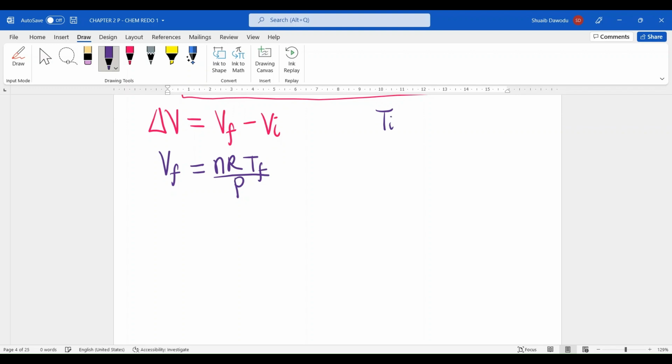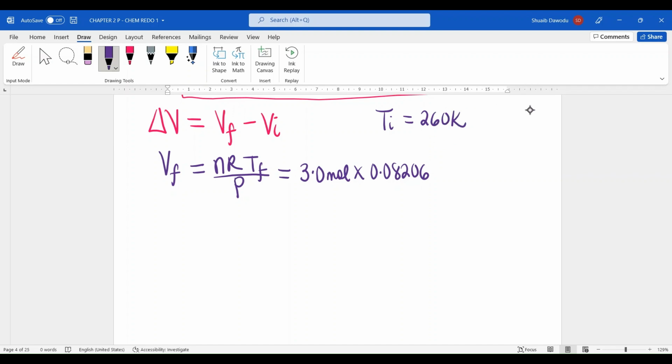We know T initial to simply be 260 Kelvin. So the number of moles is 3.0 mole, times 0.08206. I'm going to first do V final in dm cubed, or liters, and then convert from liters to meter cubed, because liters and dm cubed are actually the same thing.